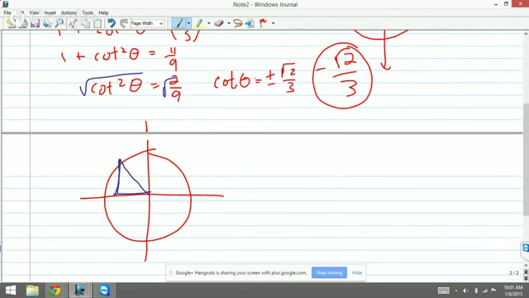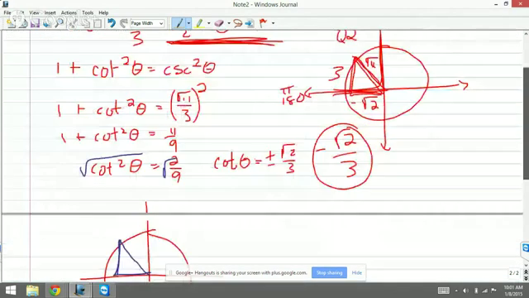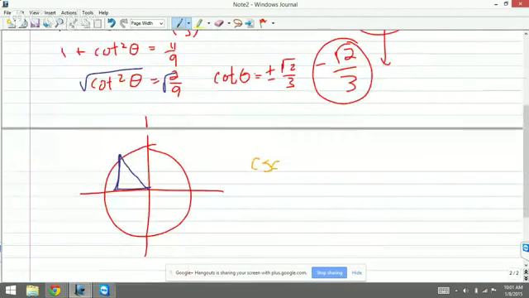I know that, what were we looking at here? Cosecant is hypotenuse over opposite, right? So that means that this is root 11 and this is 3.